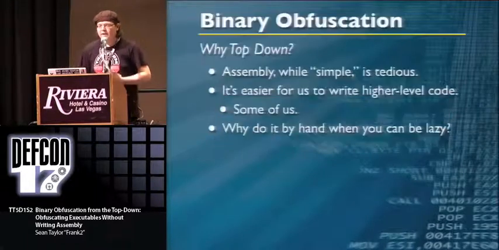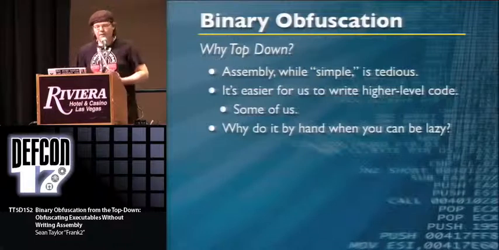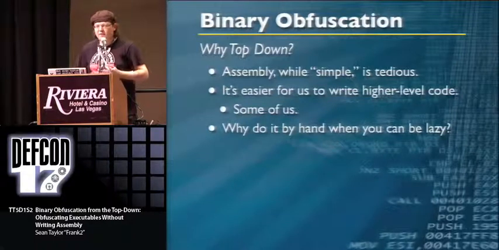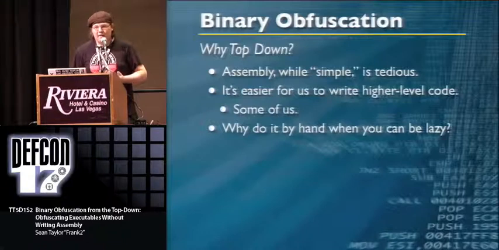So why exactly are we going to talk about this from the top down? Well, assembly is very simple. It's basically a bunch of different commands for a Turing machine, and it's just a math machine when it comes down to it. But because it's just a math machine, writing out anything coherent, like a really big old program in assembly, can be kind of tedious.